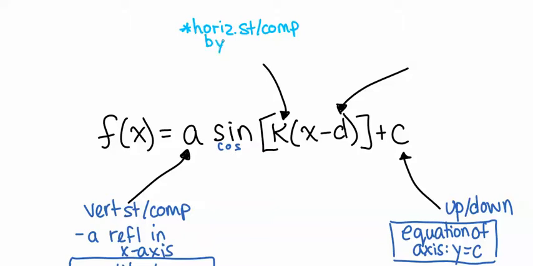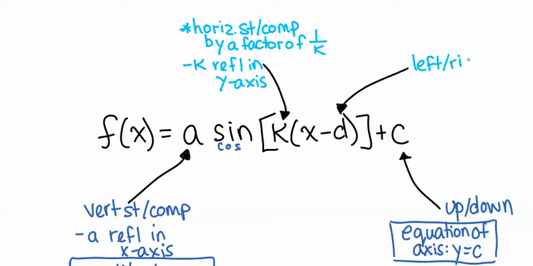And it's always by a factor of 1 over K. And then if K is negative, we have a reflection in the y-axis. And then for D, that's just going to be our horizontal translation, so it's going to shift our graph left and right.